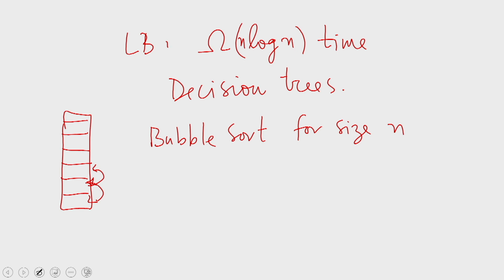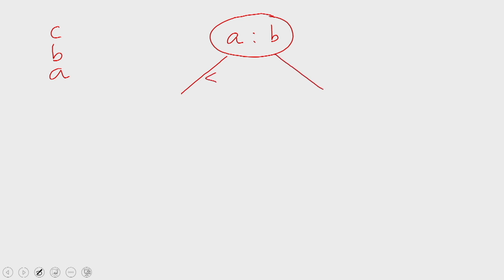Therefore, we can draw a decision tree. For example, let us consider an input of size 3. In bubble sort, when we have 3 elements A, B, C, the first two to be compared are A and B. If A is less than B, we do something. If A is greater than B, we do something else.